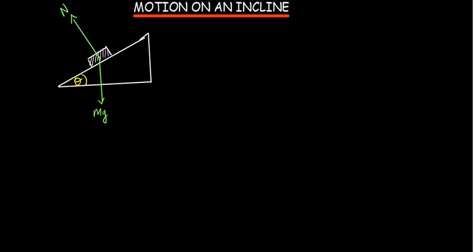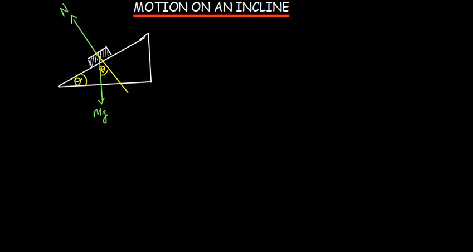Now if I make an extension of this normal force, the angle that we form here is going to be equal to the angle of the incline. It is also going to be theta.